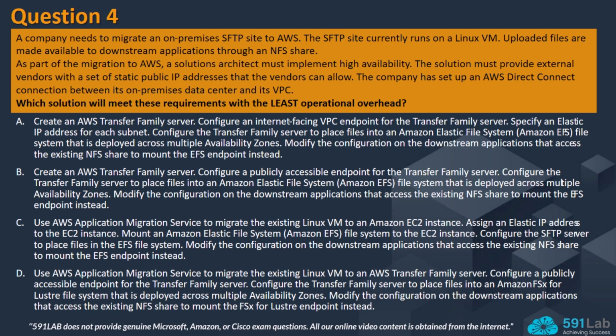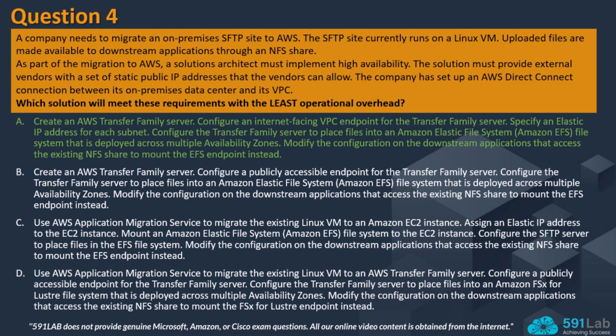Modify the configuration on the downstream application that accesses the existing NFS share to mount the FSx for Lustre endpoint instead. This option involves additional complexities with AWS Transfer Family and FSx for Lustre, making it more operationally intensive than needed. So this one is also not the correct answer. Therefore, option A is the most suitable choice for achieving high availability with the least operational overhead in this scenario.